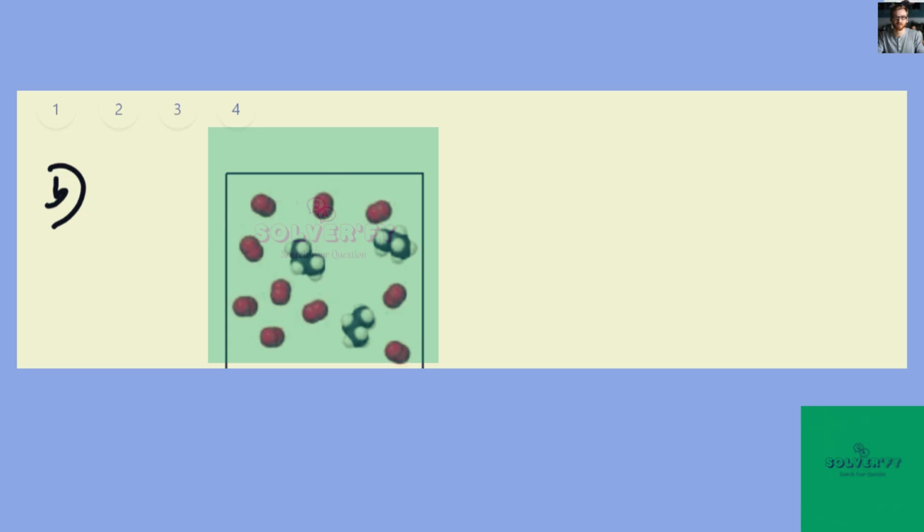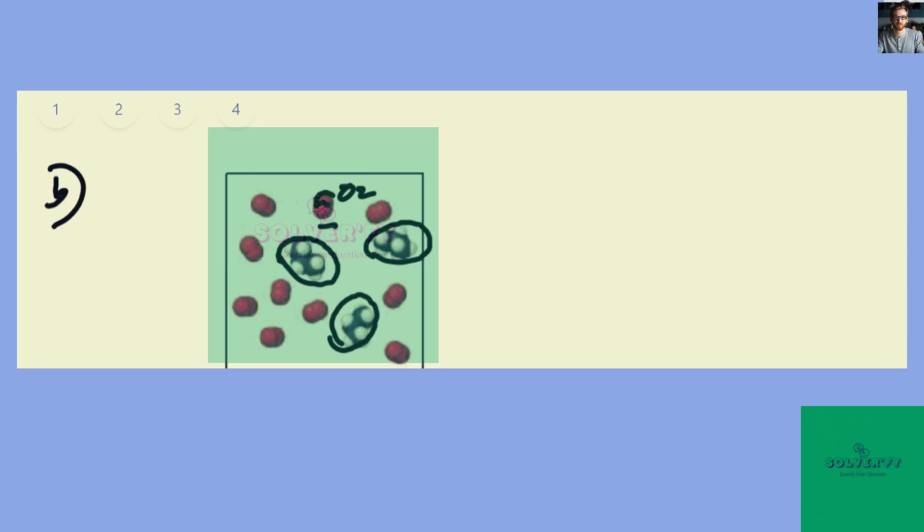So from here we can identify that these red circles or spheres, we have two of the red spheres joined together. From here we can see that this is our oxygen, and these black and white spheres should be our propane.